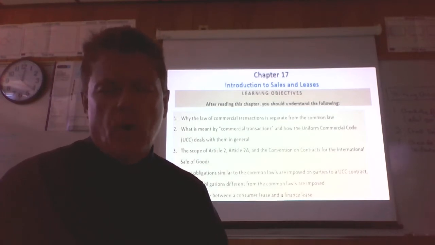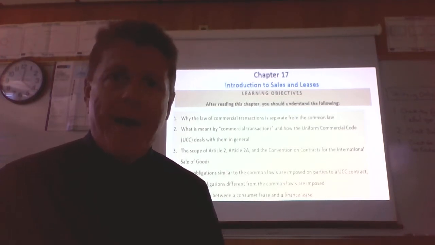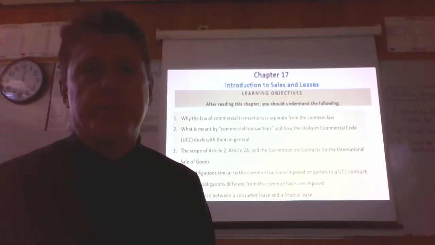Today we're going to be looking at Chapter 17, which involves the introduction to sales and leases. Some of the overall learning objectives I would like for us to take away from this chapter are to understand why the law of commercial transactions is separate from common law. We'll talk about what is meant by commercial transactions and how the UCC, an acronym for Uniform Commercial Code, deals with them.